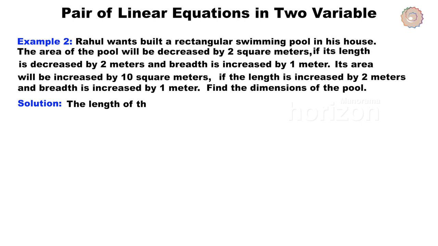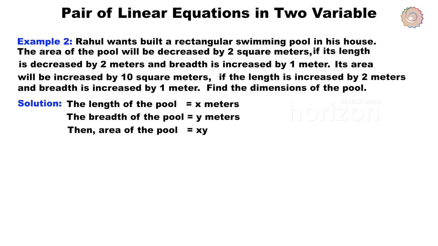Let the length of the pool be x meters and the breadth of the pool be y meters. Then the area of the pool will be xy square meters. According to the question, the area of the pool will be decreased by 2 square meters if its length is decreased by 2 meters and the breadth is increased by 1 meter.